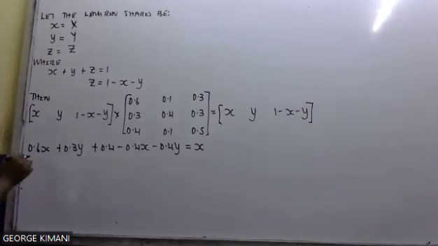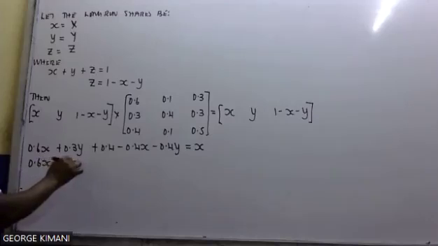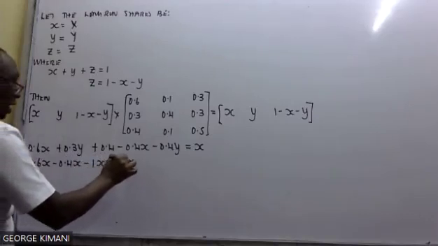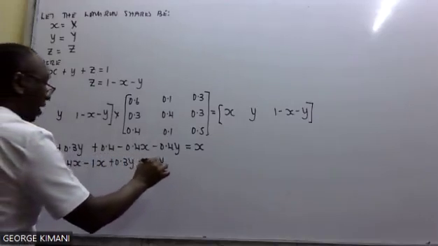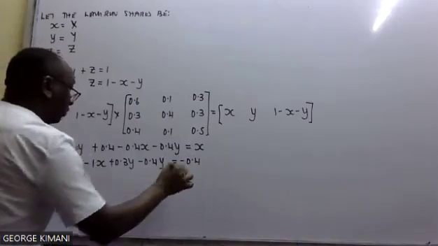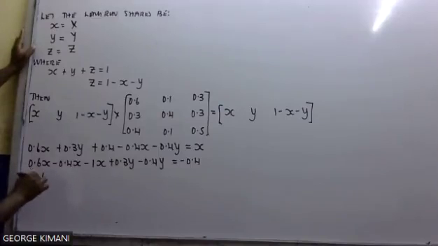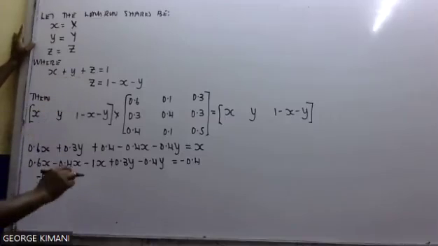Right. So we put items together to get 0.6x minus 0.4x minus 1x plus 0.3y minus 0.4y is equal to minus 0.4. So 0.6 minus 0.4 minus 1 is minus 0.8x. Yes.